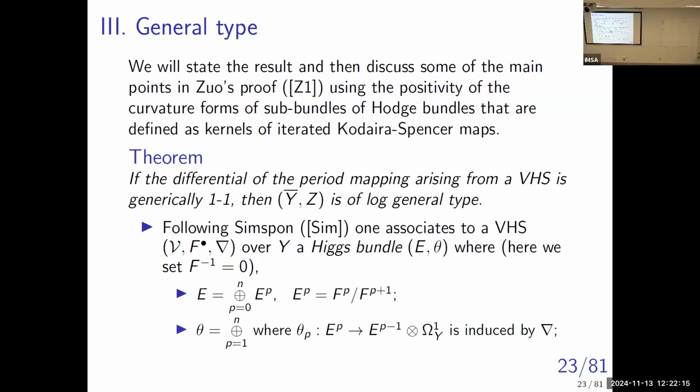Okay. So the exact statement of the theorem is that if the differential of the period mapping is generically injective, then this is log general type. Following Simpson, one usually associates to a variation of Hodge structure a Higgs bundle, which is the sum of the F^p/F^(p+1)s, and theta, which is the differential induced by the Gauss-Manin connection.